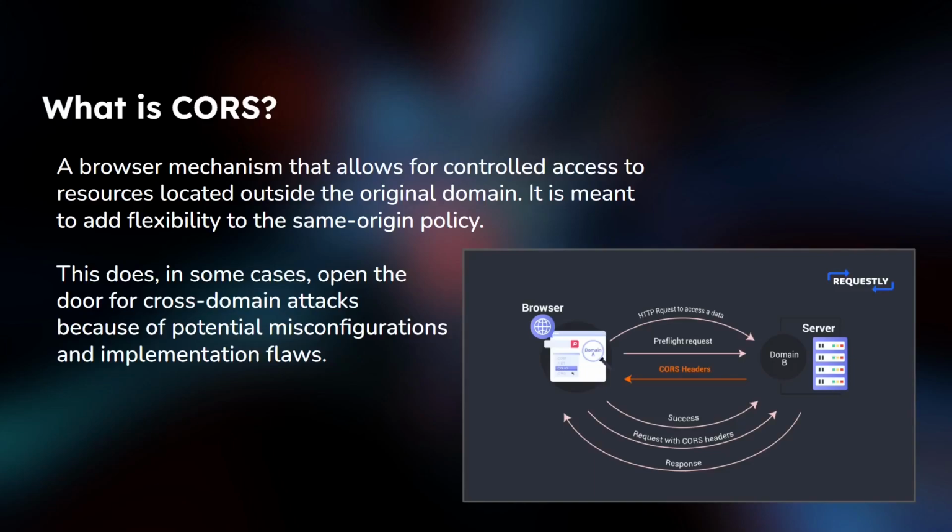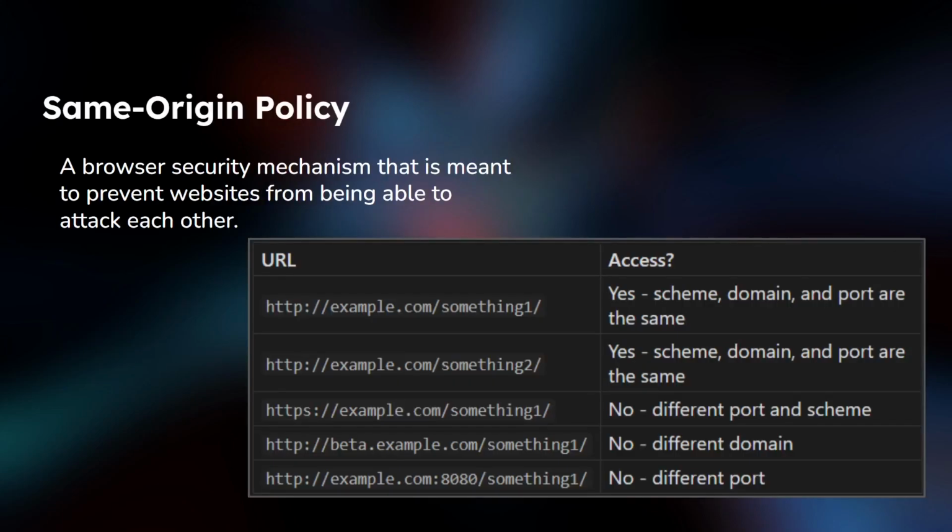Obviously, the reason for this is so that websites can't attack each other, to an extent. It's a countermeasure to websites hosting malicious information that could be crossed over. But in some cases, this does open the door for cross-domain attacks, mostly because of misconfigurations. So without any further ado, let's go ahead and start talking about it.